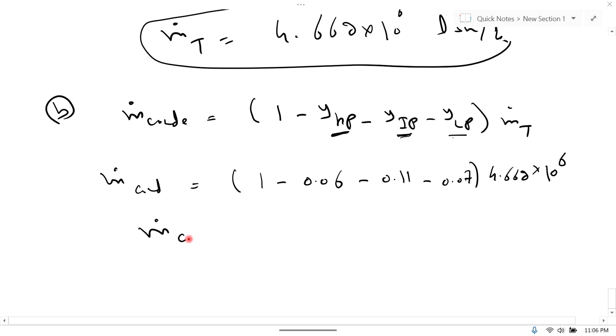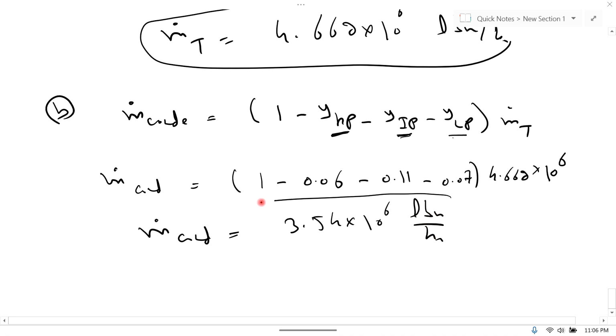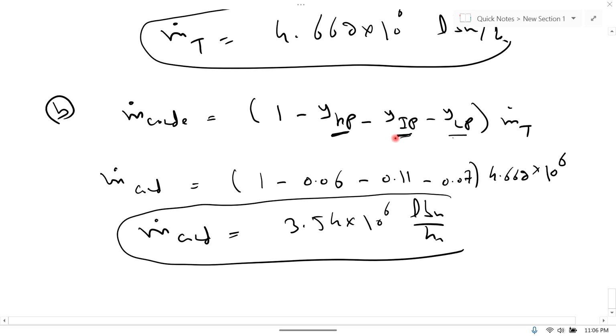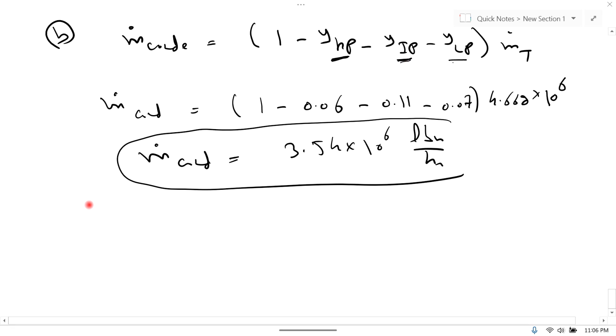So the mass of the condenser is equal to 3.54 multiplied by 10 power 6 pound mass per hour. You can find this from the energy balance equations, where there are three equations and three unknowns to solve, but here I assume these values.